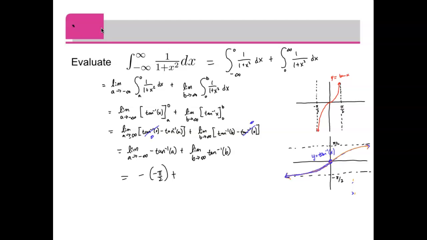That's it. So plus pi over 2. So then I have pi over 2 plus pi over 2, which is pi. So that integral, even though it's asymptotic in both directions, it does converge to pi.